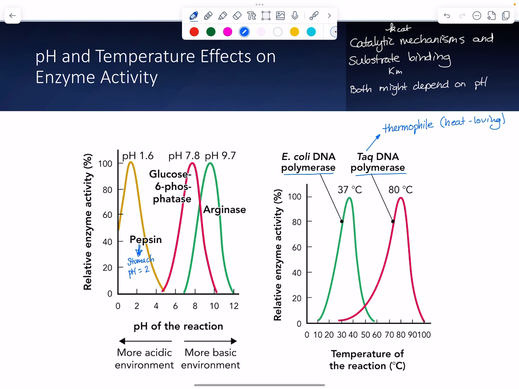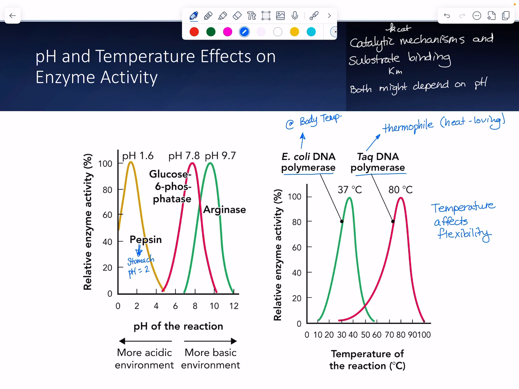And E. coli is just normal body temperature, it's optimized for that because it lives in our colon. Temperature is going to affect movement. Higher temperature, faster movement, so it affects flexibility.